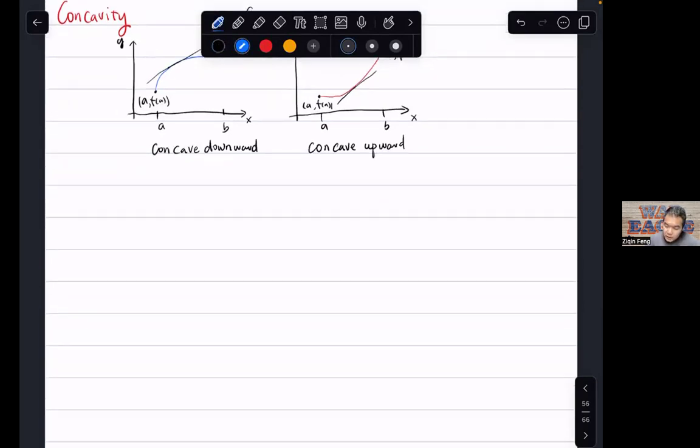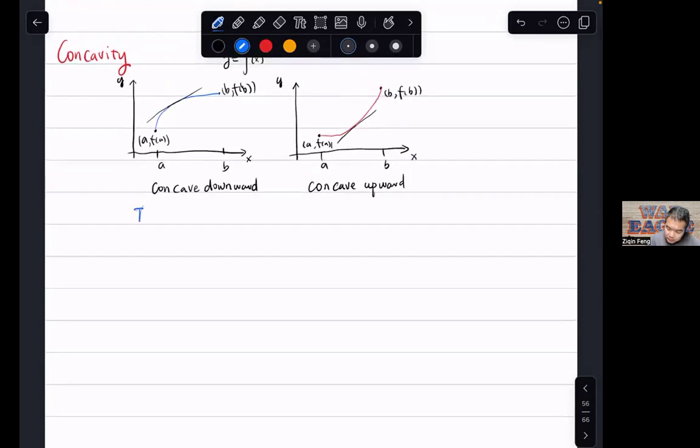So concave down means the graph, not only increasing, sometimes decreasing also, the graph of f lies below all its tangent lines on the interval.